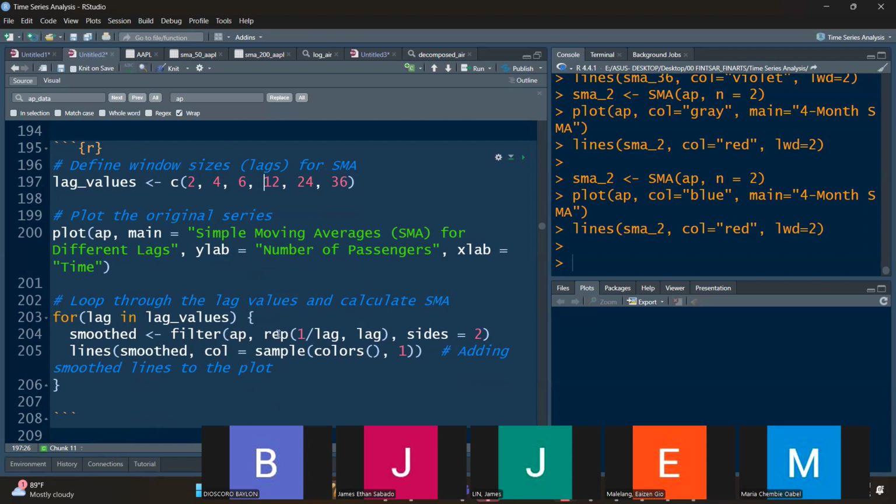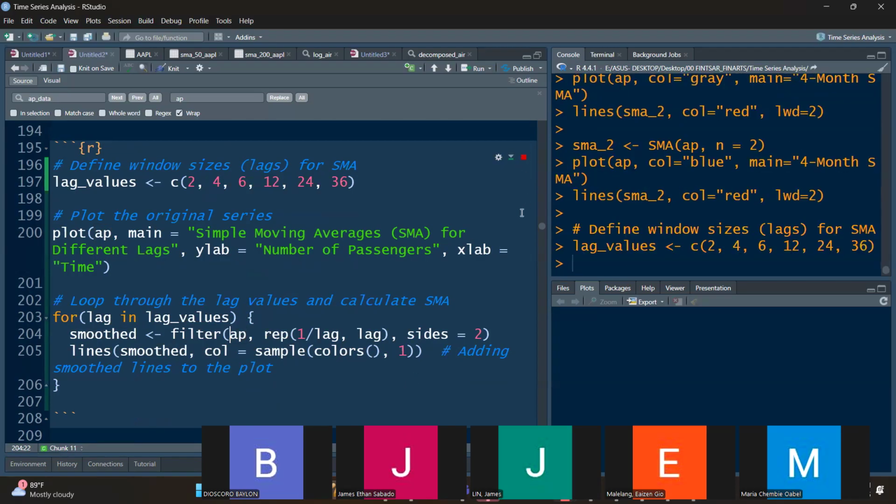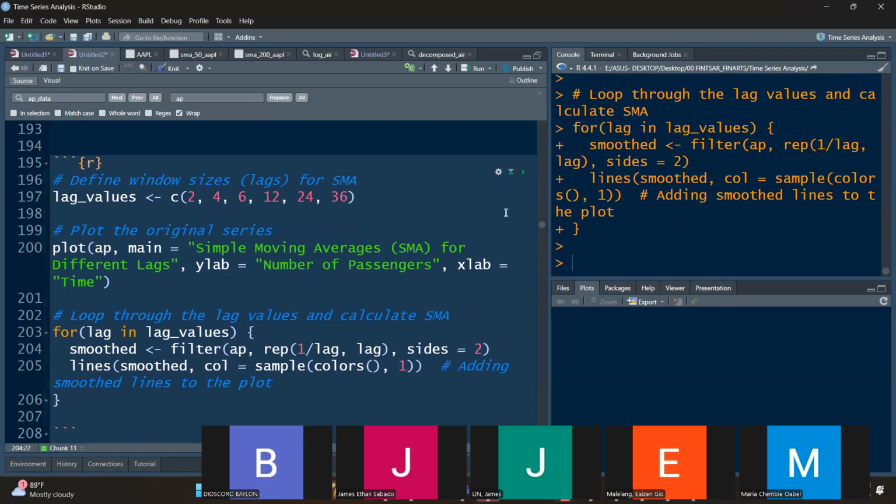It will loop through 2, 4, 6, 12, 24, 36. The smooth data will be filtered using the original AP, and then it will repeat the process of 1 over lag, and then lag. Let's see how this runs.